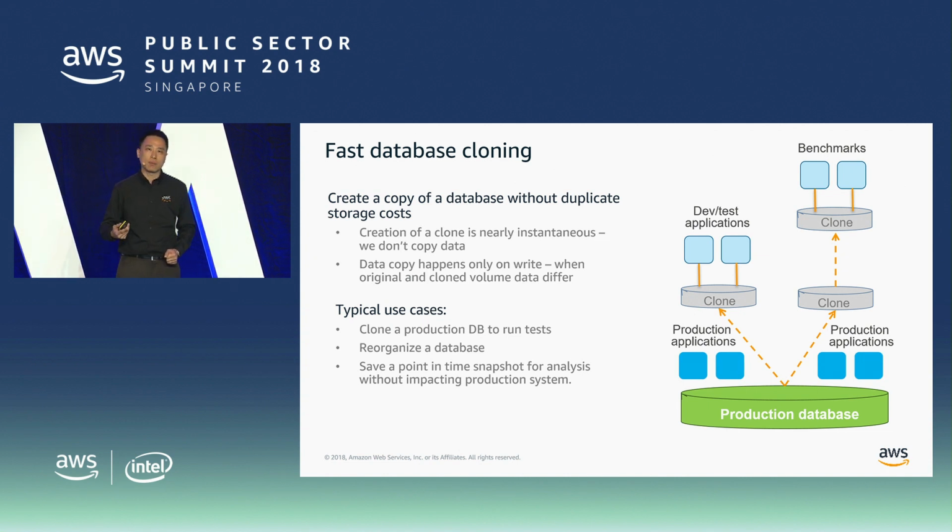So let's say, for example, if you all of a sudden want to clone a database to another instance, maybe for testing or whatever reason, you can do it very quickly in our management console. With just a few clicks, we are able to replicate and clone a database onto a new instance in a short period of time.